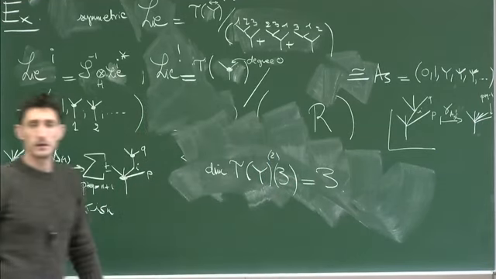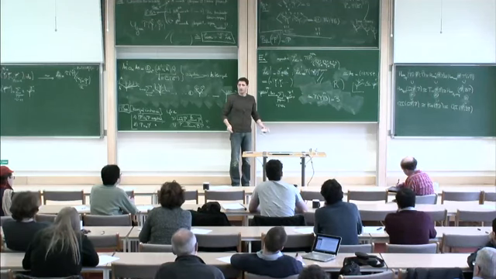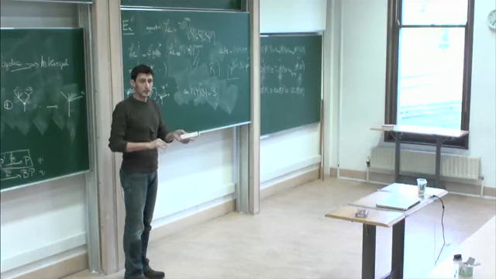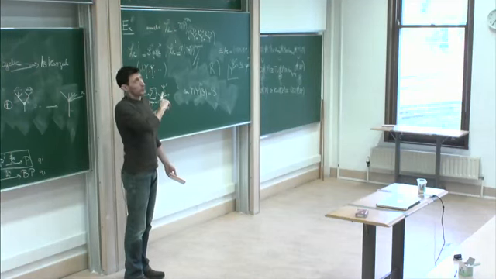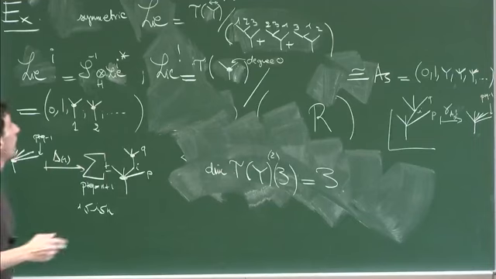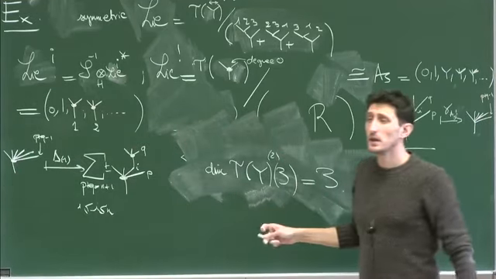This is 3. How many different labeled trees do you have? 3: 1, 2, 3; 3, 1, 2; 2, 1, 3. How many relations do I have? I have 1. So the orthogonal should be of dimension 2.